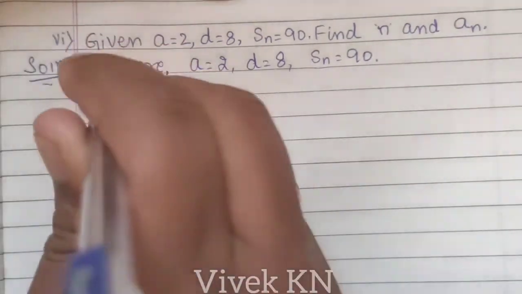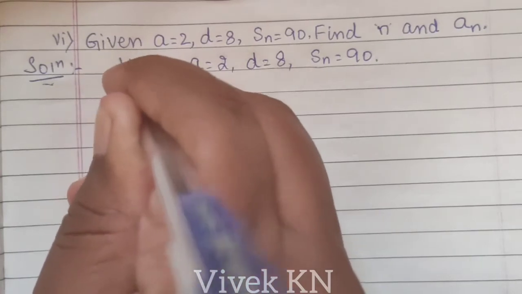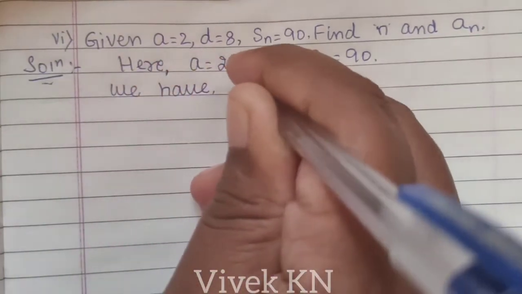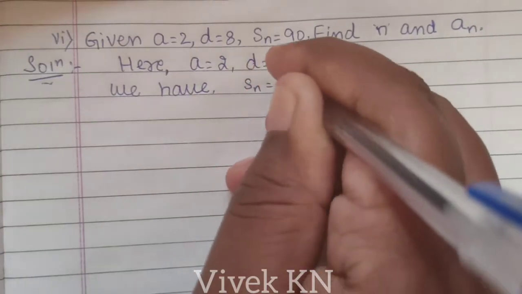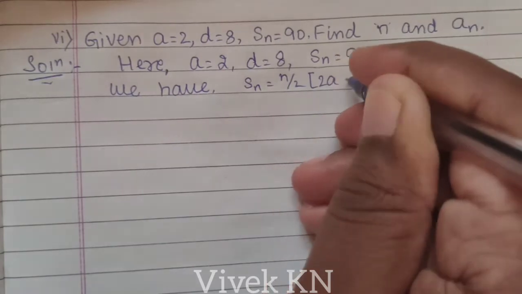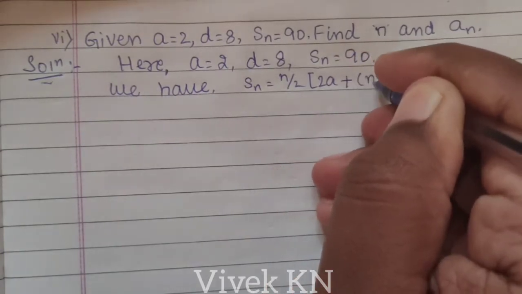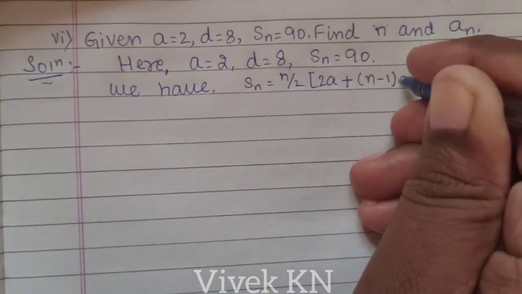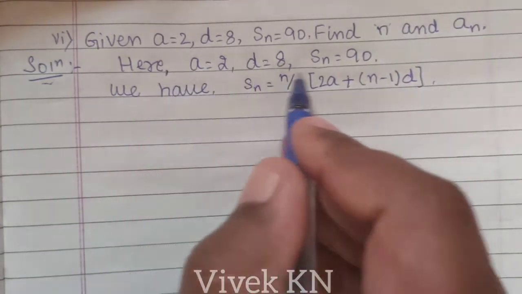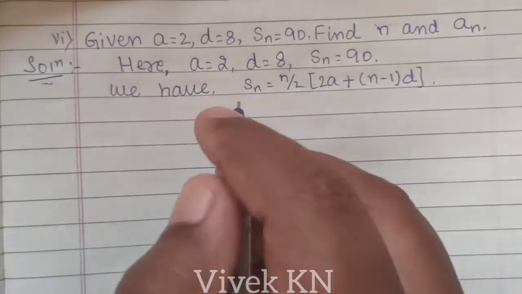Now let us write the formula of the sum of first n terms. Sn is equal to n by 2 into 2a plus n minus 1 into d. Now let us substitute all these values into this formula.